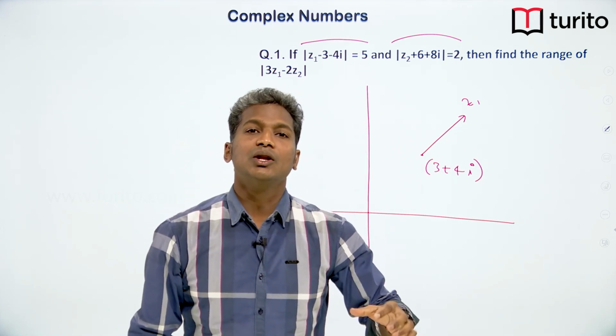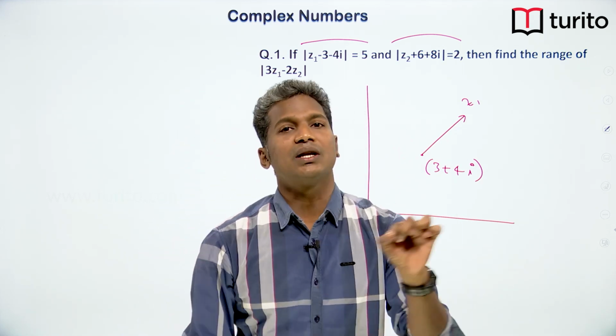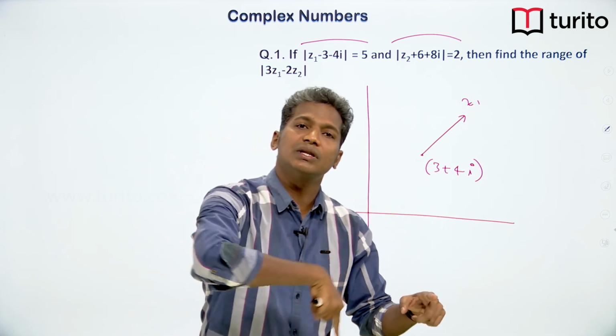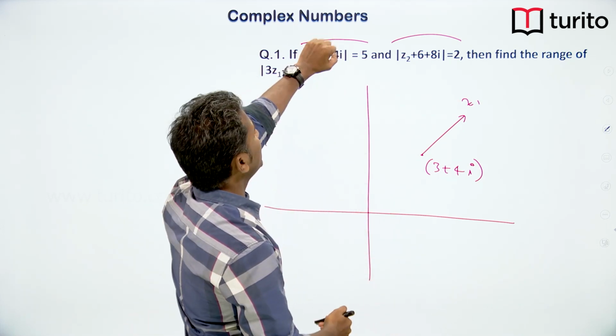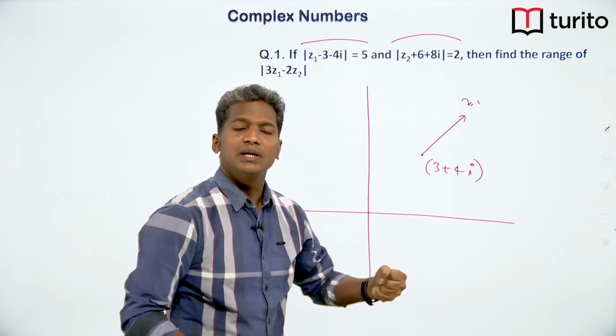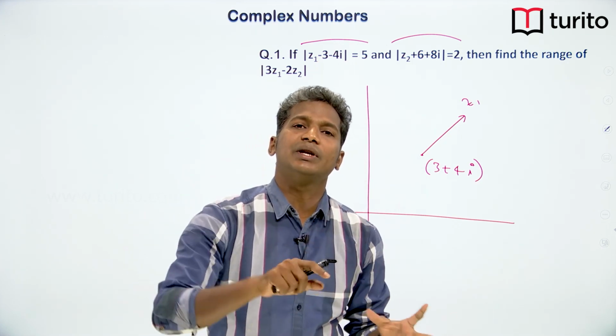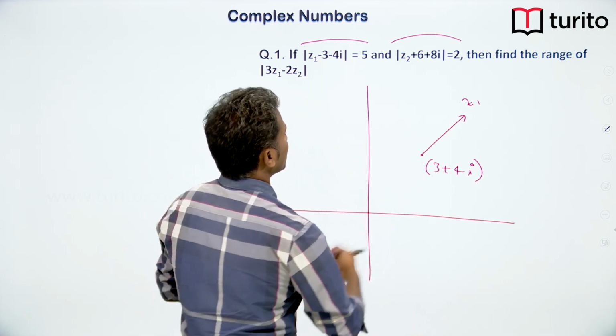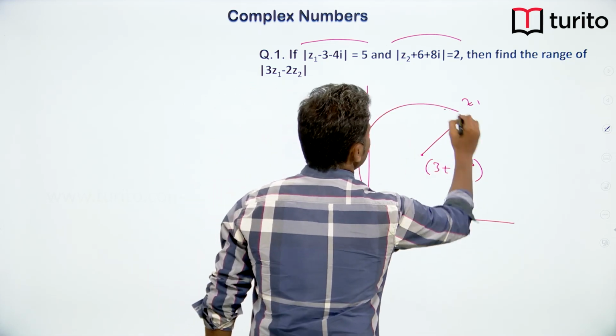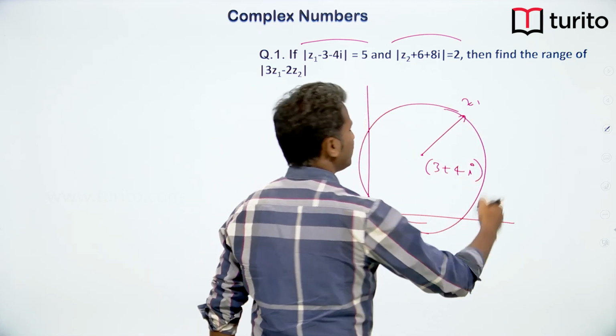This means the locus of z1 is a circle. So the first statement means z1 lies on a circle of radius 5 units. We can imagine a circle here of radius 5 units.